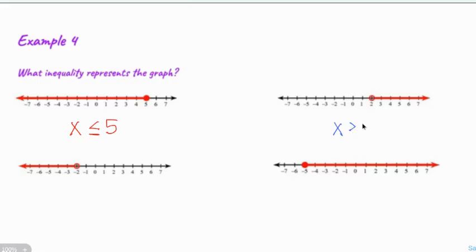We're an open circle this time, so no equal sign, and we're greater than 2. For the next one, x is less than, because we're shading to the left, no equal sign, negative 2. And then finally, x is greater than, and for the solid point, equal to negative 5.